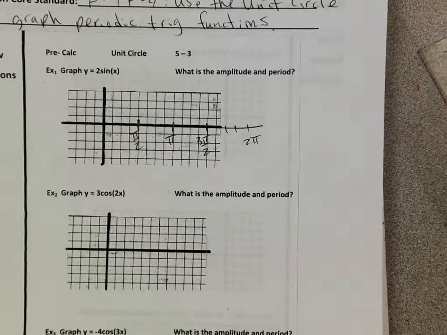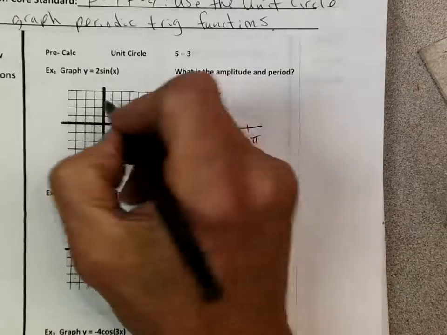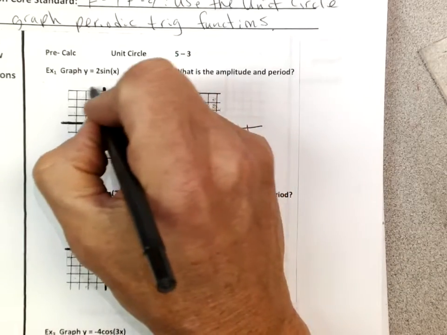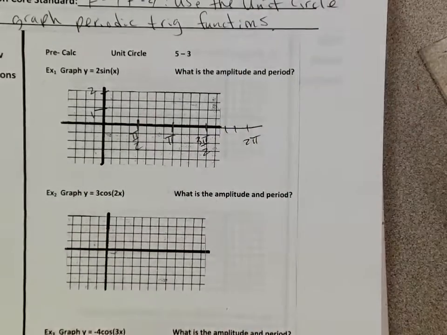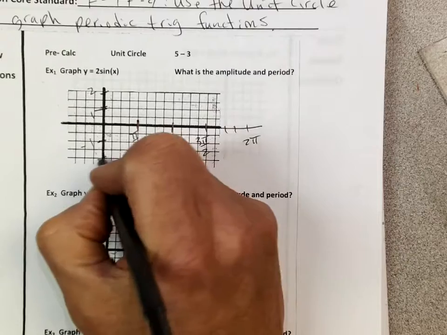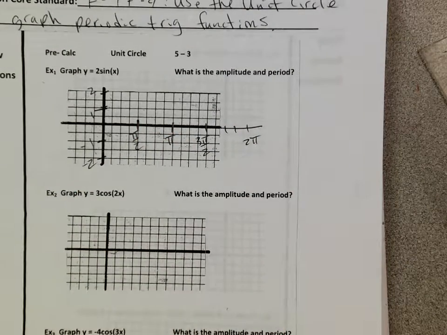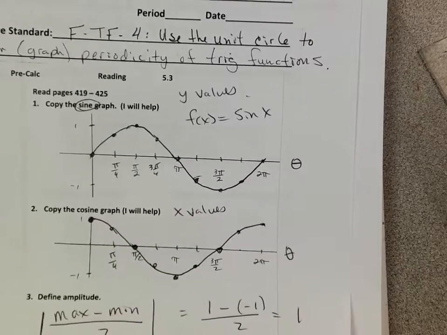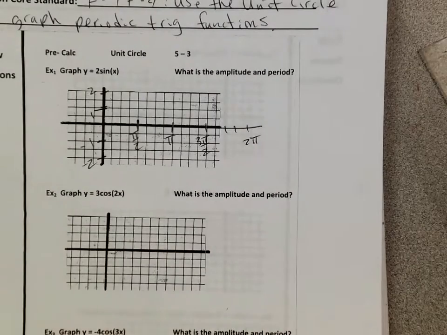I need to go up to 2, so if I make this be 1 and make that be 2, I can select the scales I want. Okay, -1, -2. So all I'm going to do is take this graph and go up to 2 and -2. That's all I'm going to do.